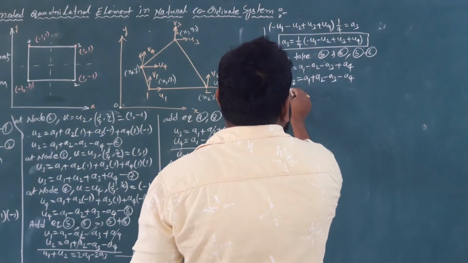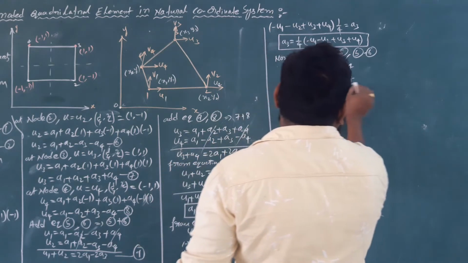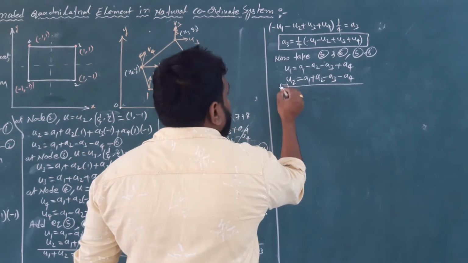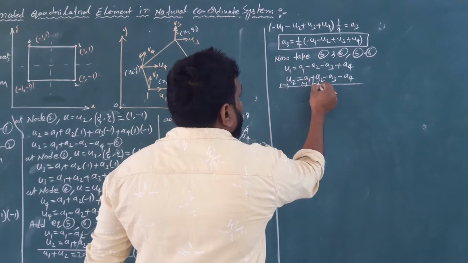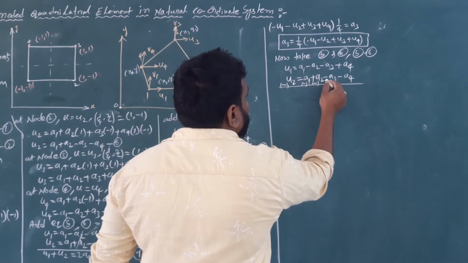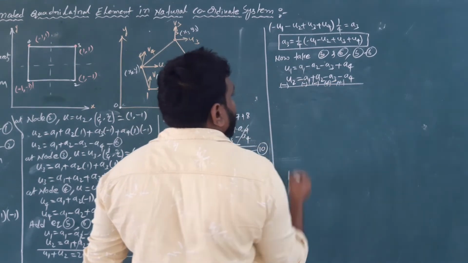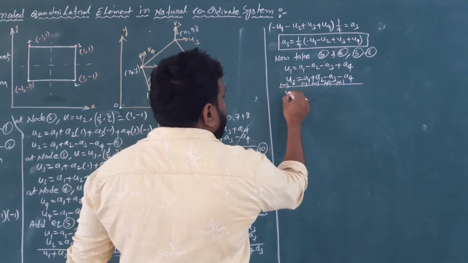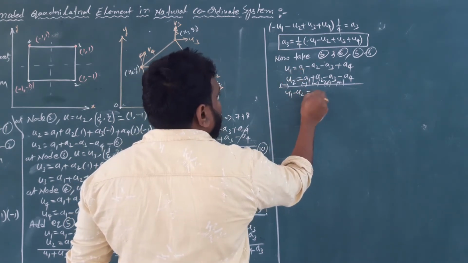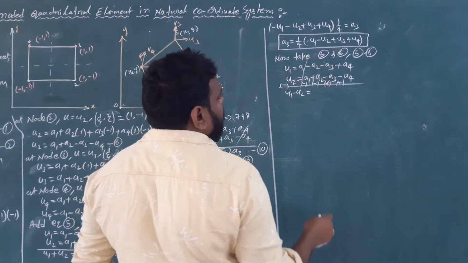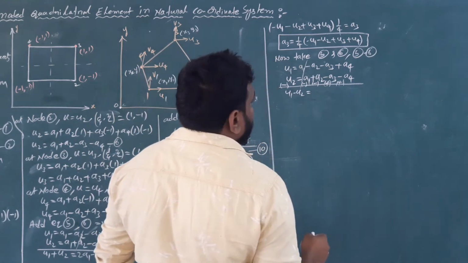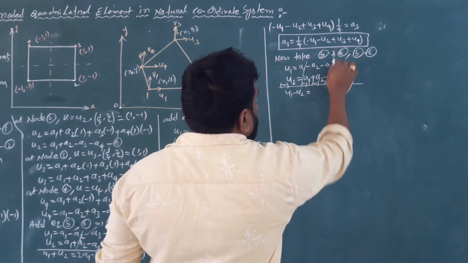Okay, now subtract. After subtracting u1 minus u2, a1 cancels and a3 cancels.